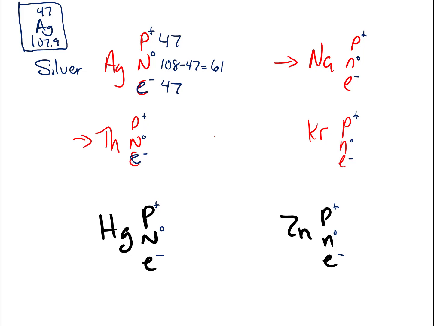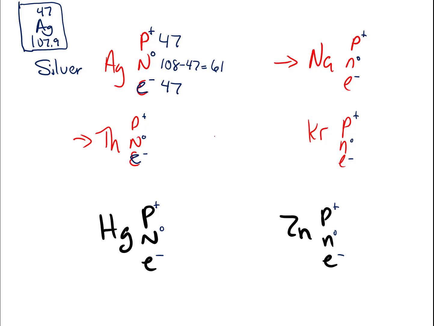So if I asked you TH, I would not expect you to know the name of TH, because its atomic number is 90, and it's not one of the ones I told you needed to know. I will tell you that TH is thorium, but I would not ask you that. You just have to know the names and the symbols for those elements 1 through 20 and those extra 10. But if you see TH, you can scour the periodic table.